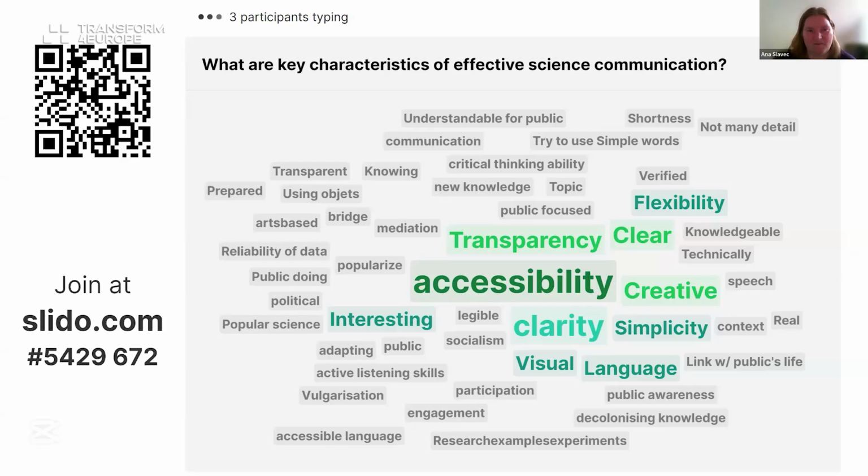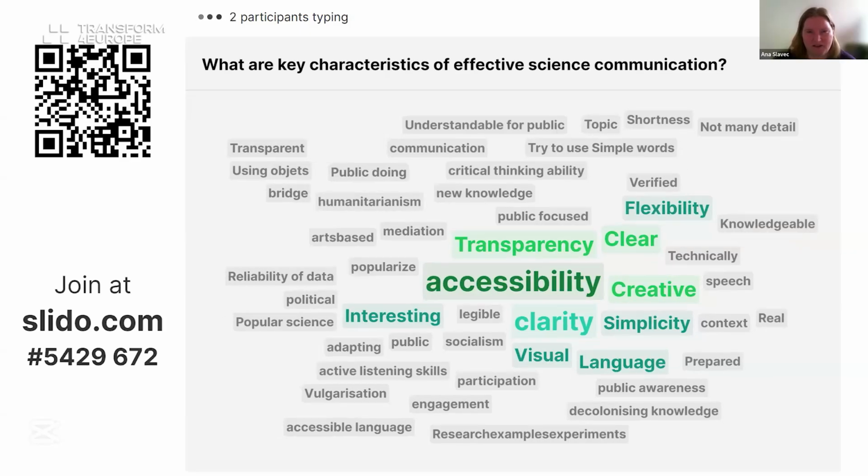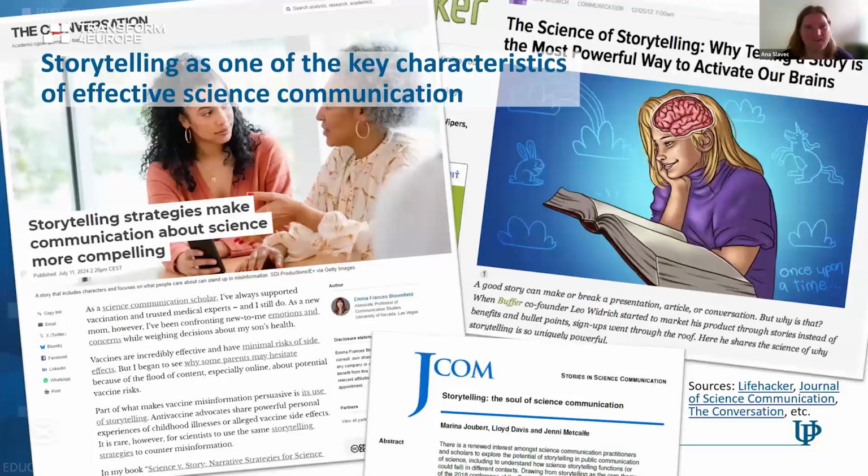Okay, I see some people are still typing. But let's continue. We will maybe come back, because I have to go one slide back, where there is just an example of 3 articles.